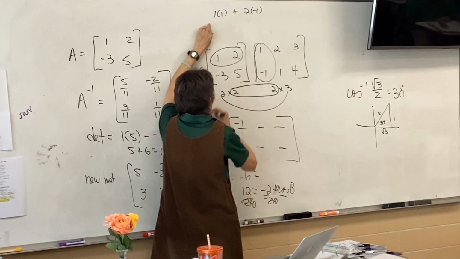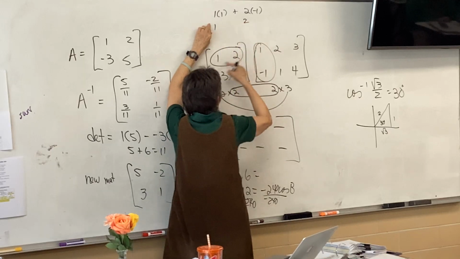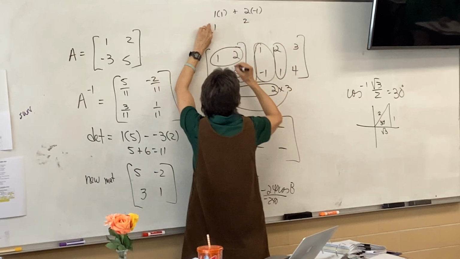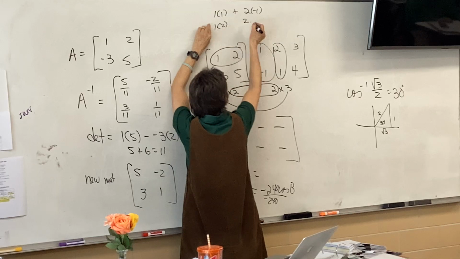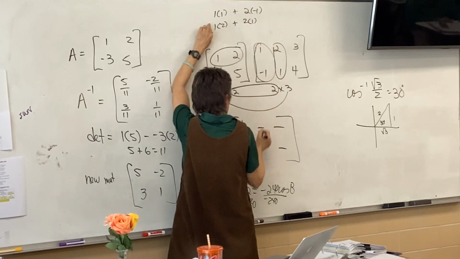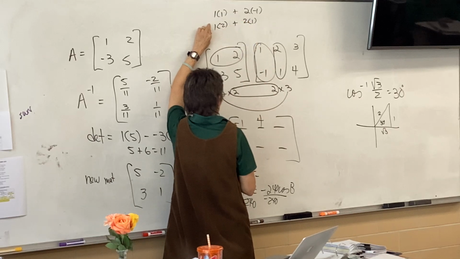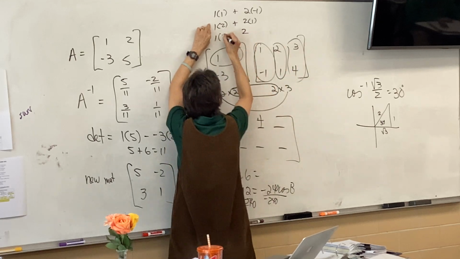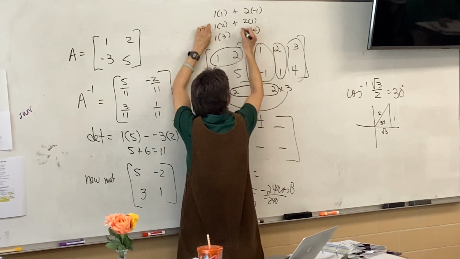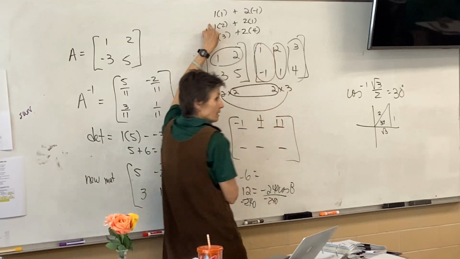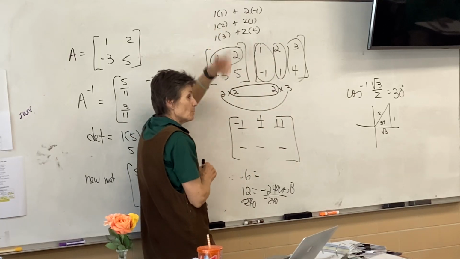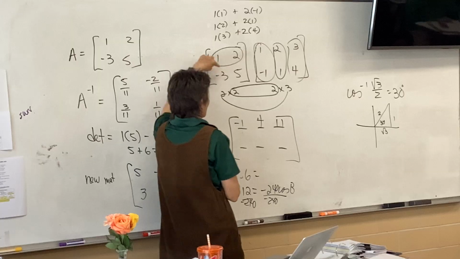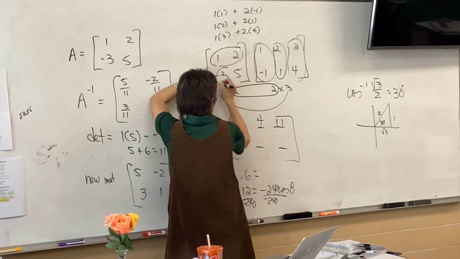Okay. And then, same row, this column. So 1, 2, 2, 1, that makes 4. And then, same row, this column. So that makes 11. Then we go back and do the same thing, but it is this row now.